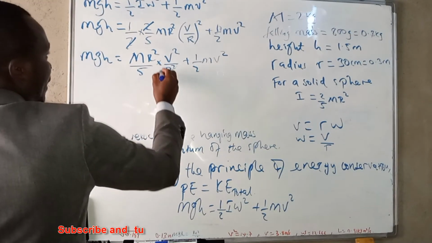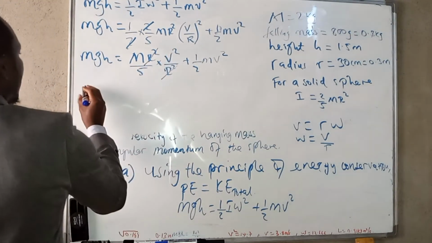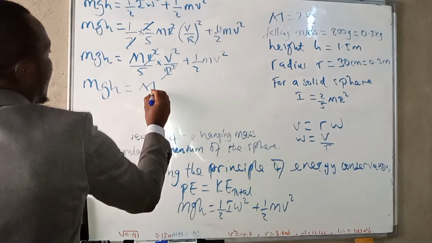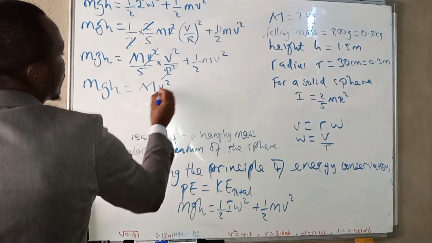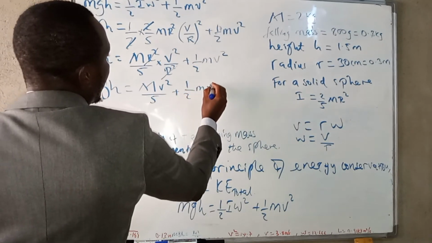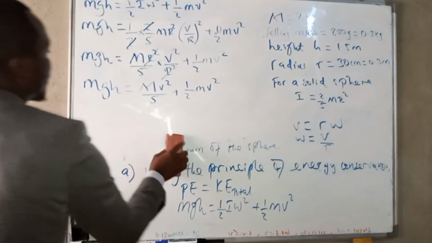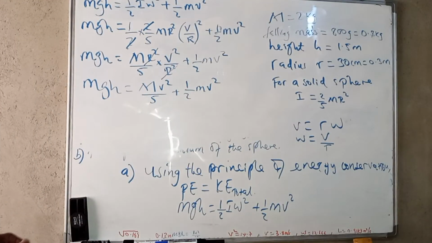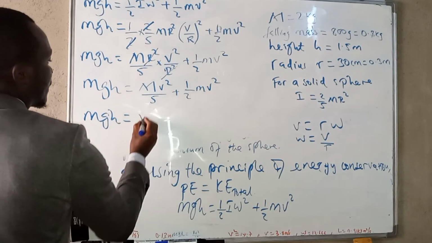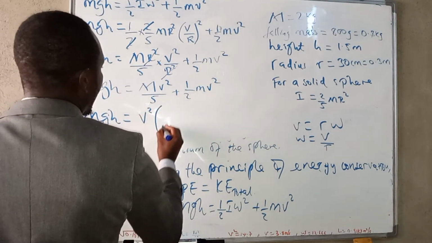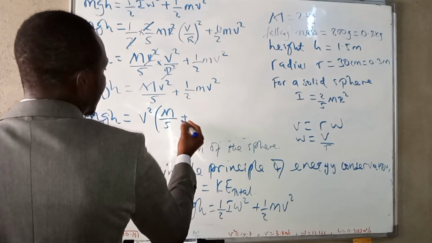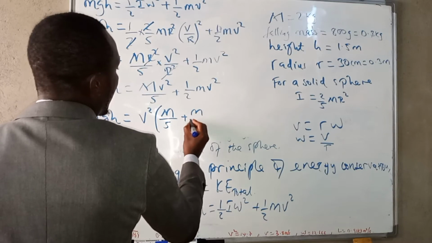The r squared terms cancel, and we have mgh is equal to mv squared over 5 plus half mv squared. Since v squared is common, we can factor it out: mgh is equal to v squared times capital M over 5 plus small m over 2.